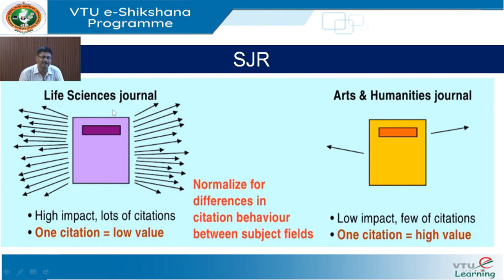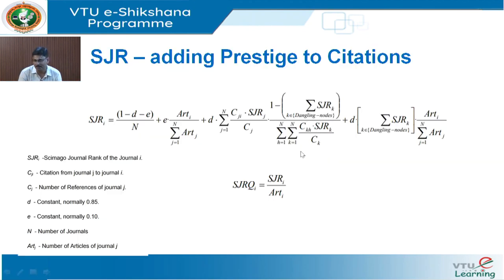For example, a life sciences journal receives a lot of citations and gives a lot of citations to other journals. So the prestige of that citation will be very less. Whereas in arts and humanities, getting citations is also very less and giving citations to other sources is also very less. The weightage of the citation will be more, and this is normalized with this formula.